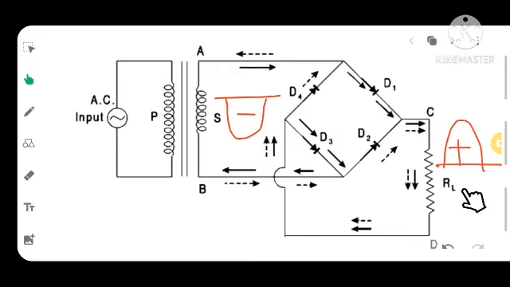So in both cases, we will get positive cycles across the load. But if we reverse the direction of all the diodes, obviously we will get negative cycles for all the input positive and negative half cycles. Remember this concept.